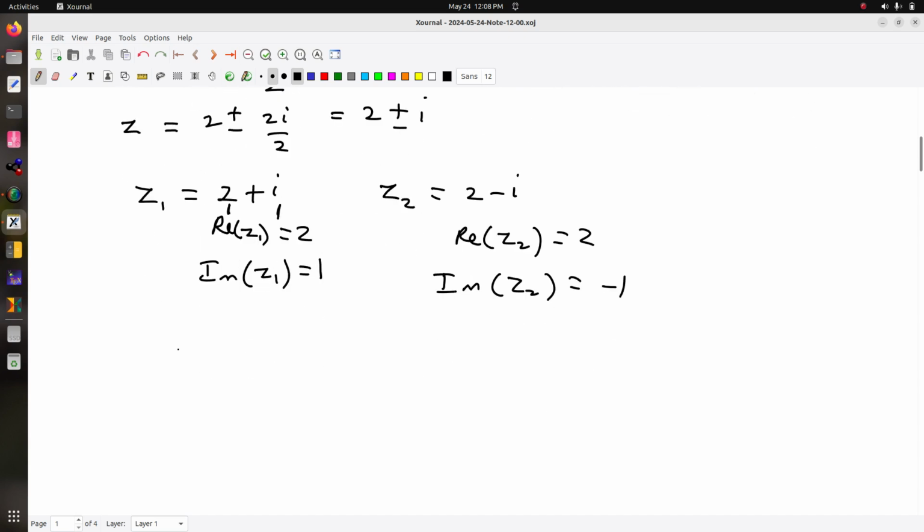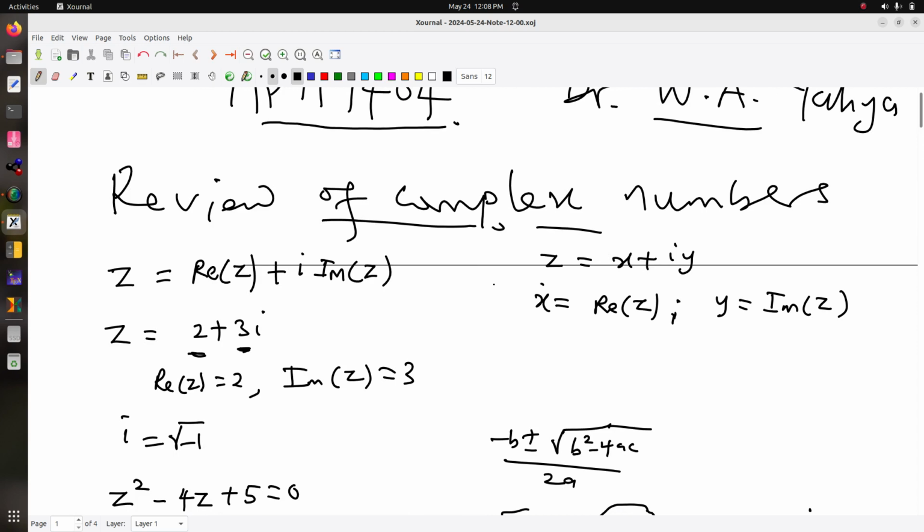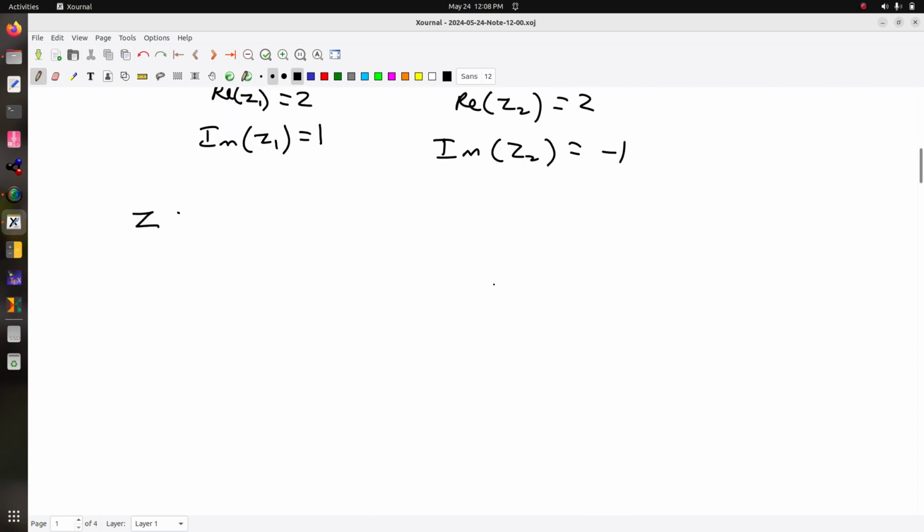In compact form, you can write a complex number, which we wrote here as x plus iy, just as x comma y.